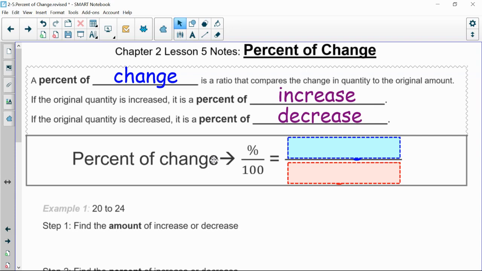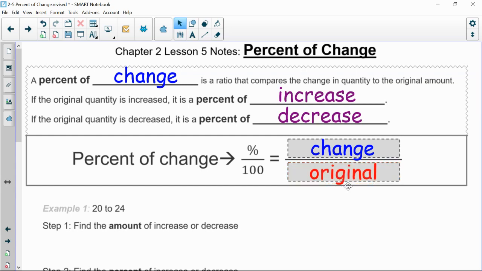The way that we find that is we take the change, the difference between the two numbers given, and then divide it by our original amount. Then we can use our percent proportions. Remember, percent is always over 100.